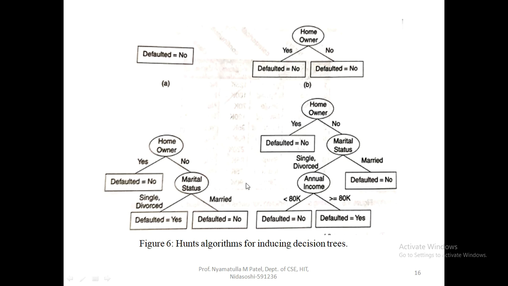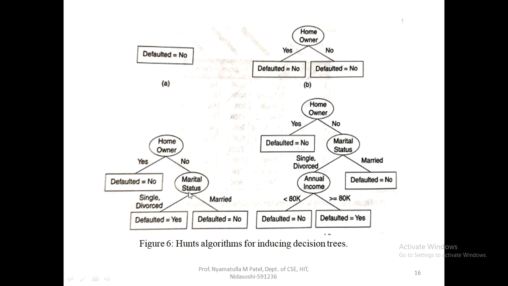Let us go to the next one. Here, homeowner yes and no. If a particular person is a homeowner, the defaulted value is no, which means the person who is a homeowner is repaying back the loan. If a particular person is not a homeowner, I am testing one more condition called marital status, whether that particular person is married or not.